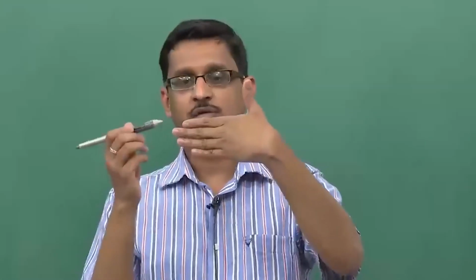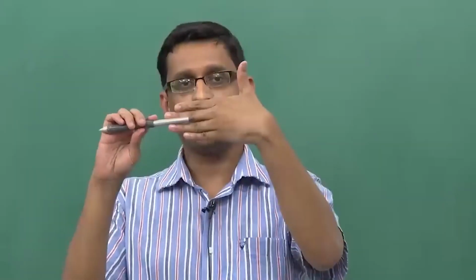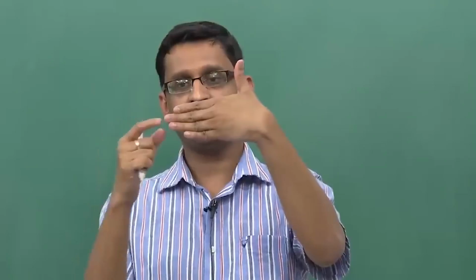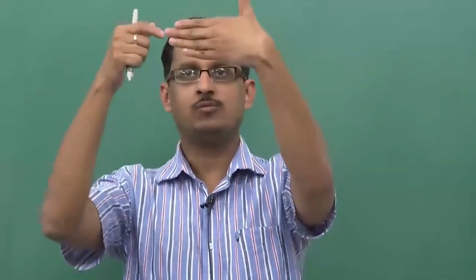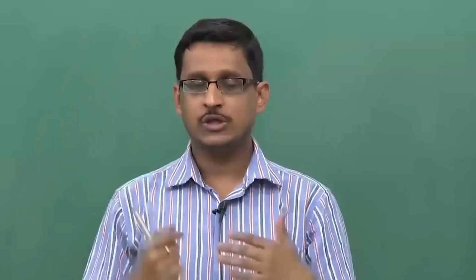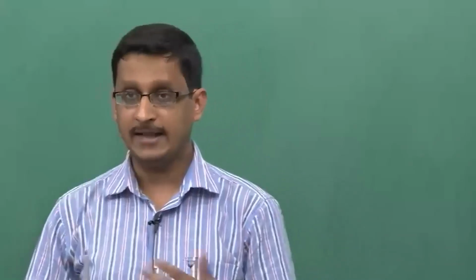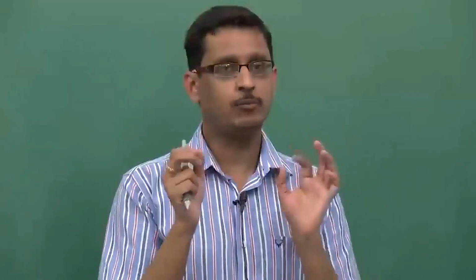The direction of x will be along this, and my thumb is pointing along y. At this point the direction of x is pointing here and the direction of y is pointing upwards. At another point, the direction of x is pointing here, and y is pointing here. So the unit vectors of x, y, and also z do not change when I move to different points. Is that the same case with the vectors in the cylindrical coordinate system? Well, we will try.